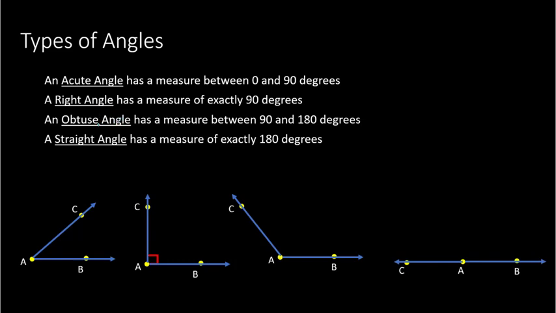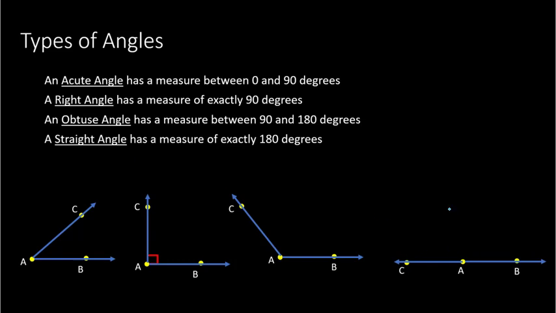But obtuse angle, that looks kind of like the word obese. So if someone is obese, that means they're overweight or large. So an obtuse angle is a large, or think of an overweight, big angle. So obtuse is big, acute is small or tiny, and then a straight angle is just a straight line.